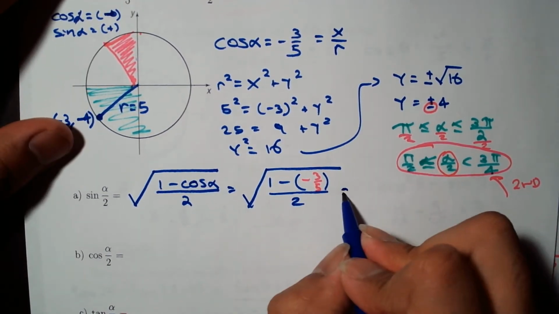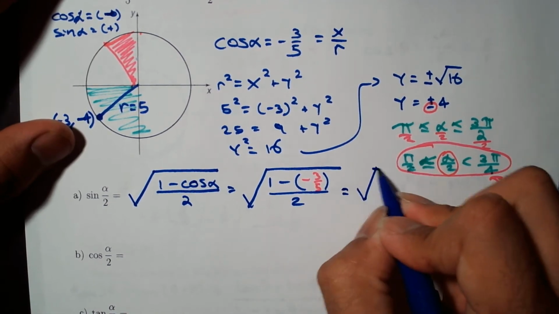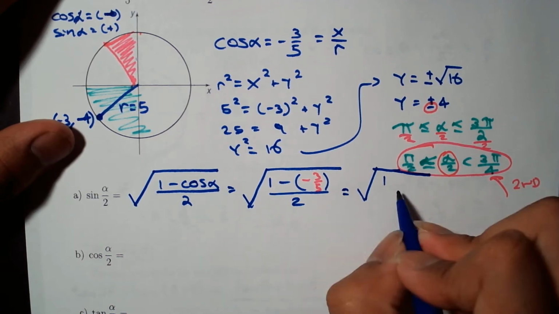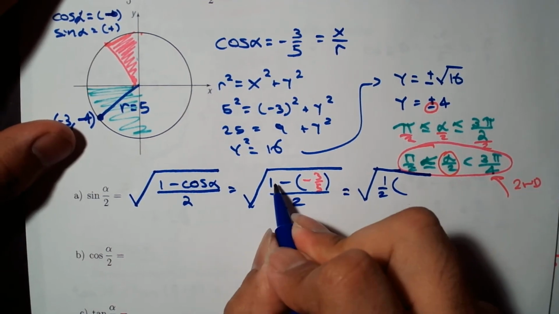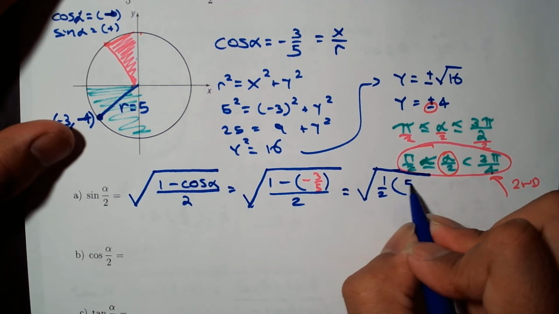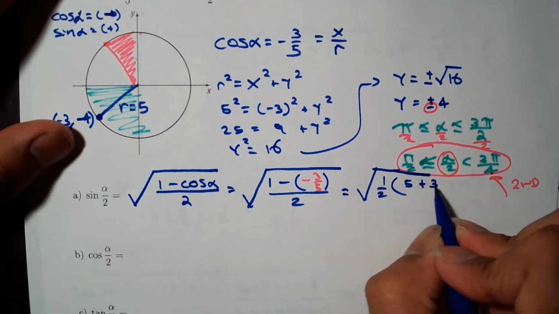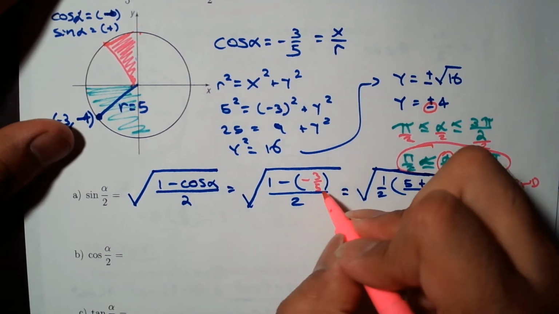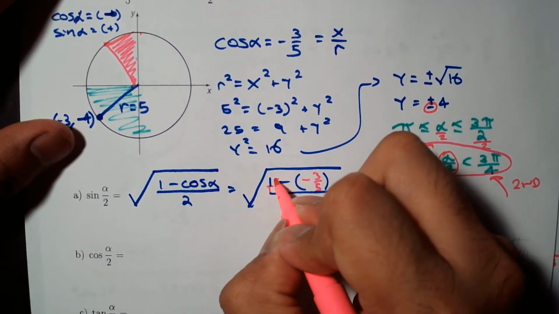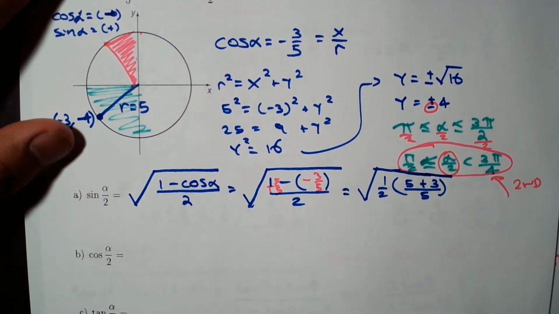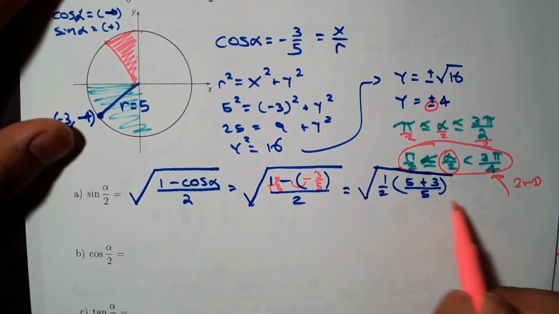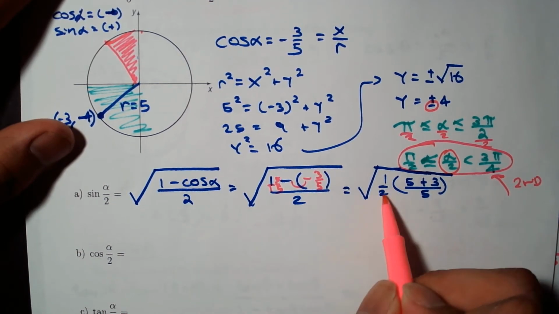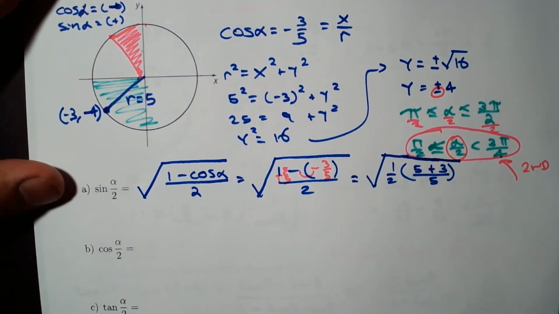Well, that's the square root of 1/2 of 5 over 5 plus 3 over 5. Where did I get this from? Well, this is a denominator 5, this is a 1. 5 and 5 have the same denominator, this becomes 5 plus 3 over 5, and then the 2 is going to be a 1/2 over there.